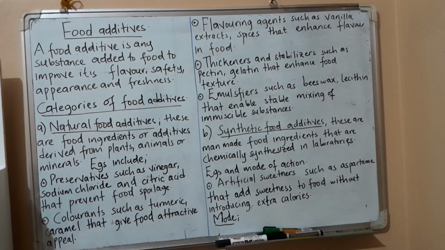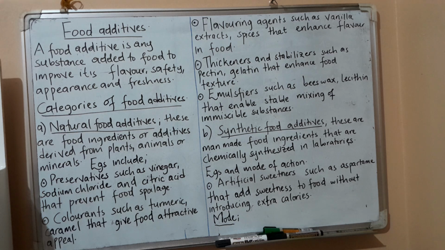Last time I had covered some part of chemicals for consumers, and that was chemicals in medicine. So today we are going to discuss chemicals in the food industry, particularly food additives.